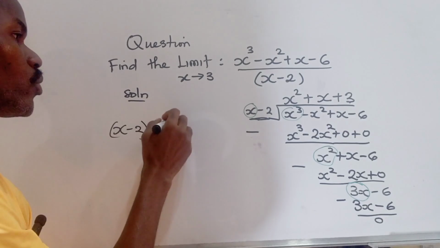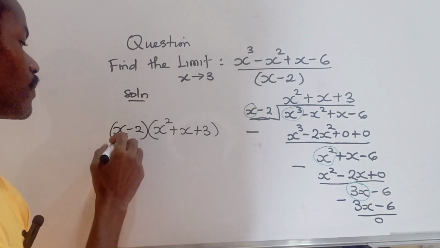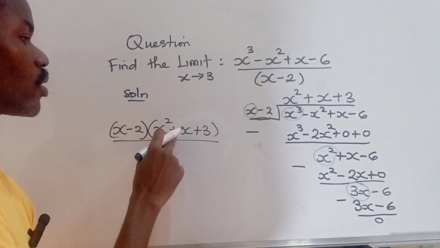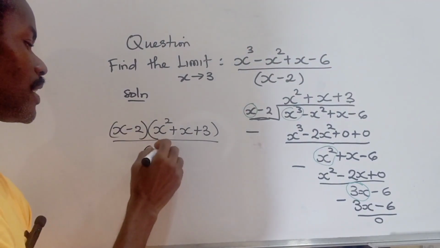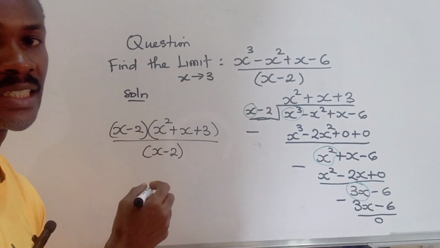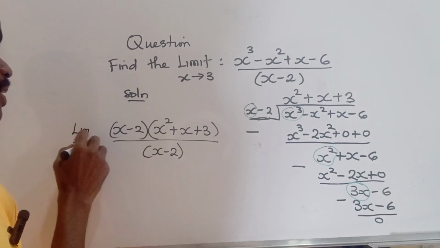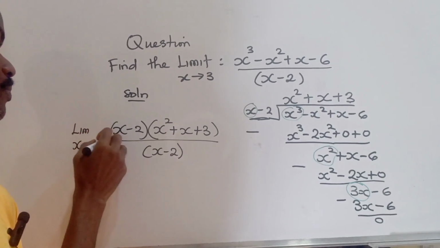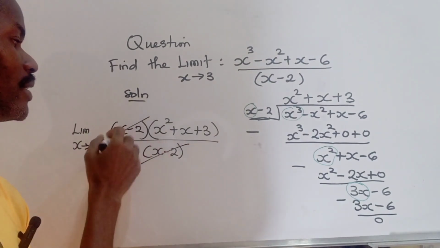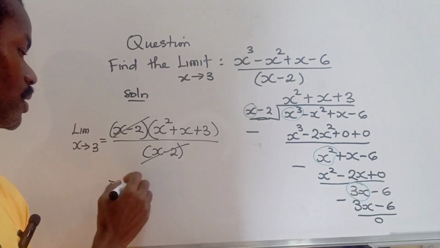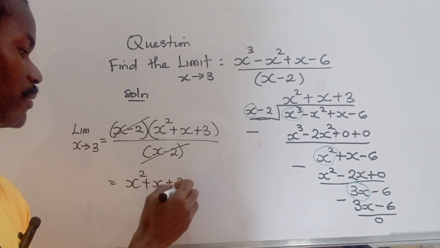So we have x squared plus x plus 3. The product of these two will give us the numerator, so we have this x minus 2 at the denominator. Now remember, we are taking the limit as x approaches 3. From this you can see that this can cancel out this. So we are left with x squared plus x plus 3.